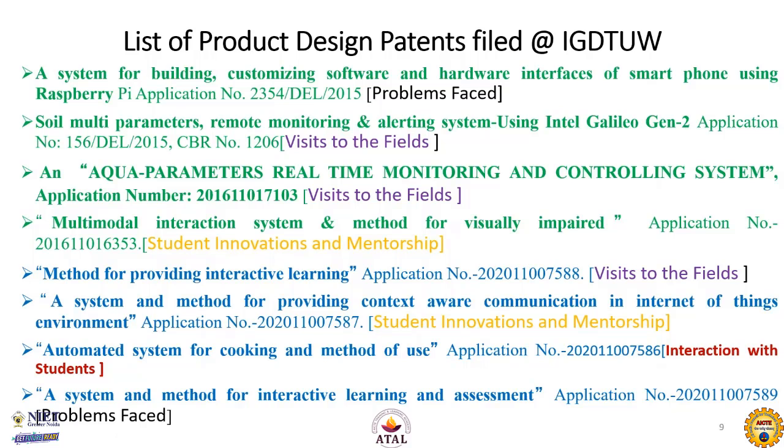Then we have another 4 or 5 patents recently. The blue color and green color ones were quite old. And recently we have another 4 patents, which again solve our own problems or are student innovations.